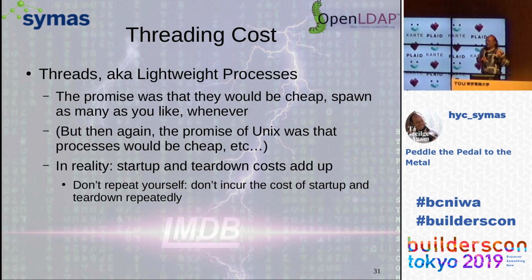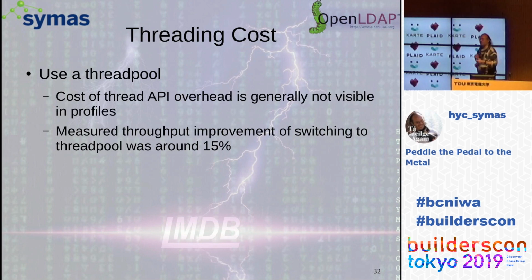So again, this comes back to the don't repeat yourself principle. If you're going to be starting and stopping things over and over again, that's wasted execution time. So instead, you use a thread pool, you start some number of threads once, and you keep reusing those threads over and over again, and that avoids that overhead. And this gave us a 15% improvement just by itself.